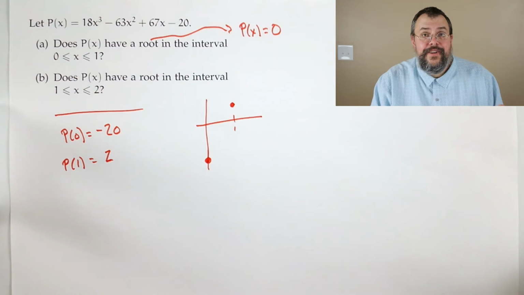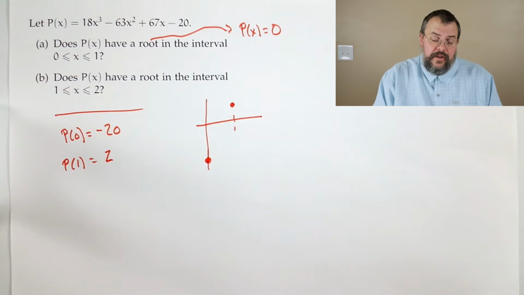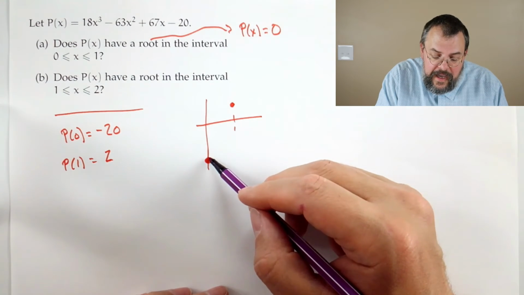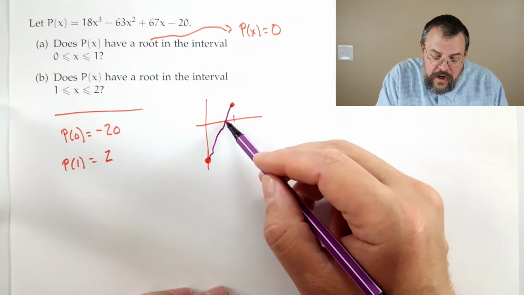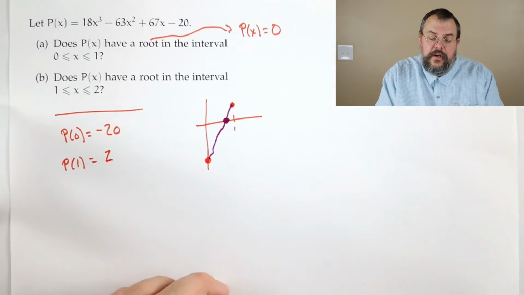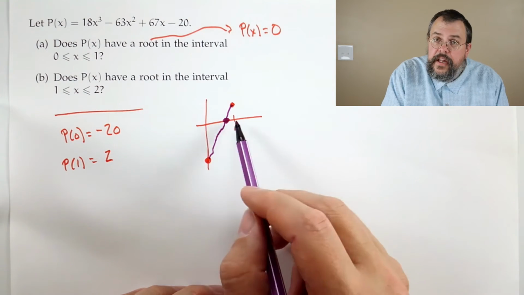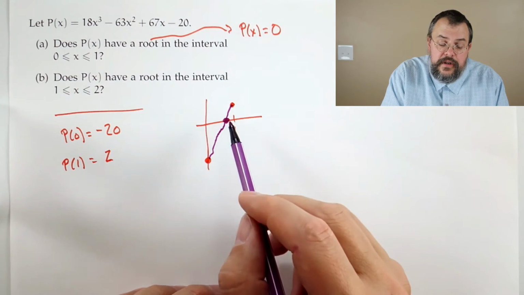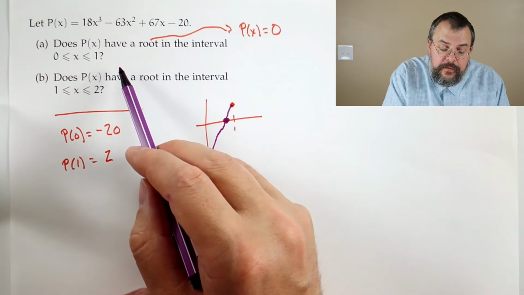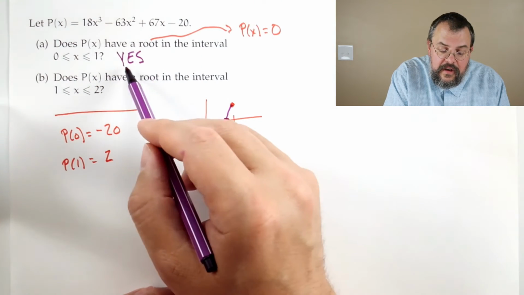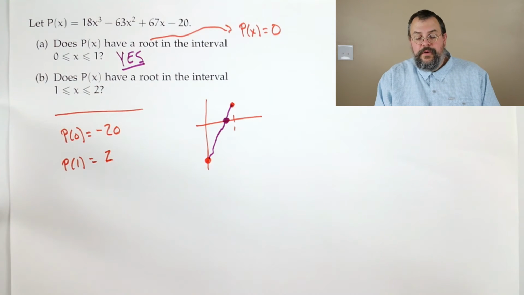Polynomials are continuous, which means that as I move from this point here to that point there, I have to cross. So that means that there's some place where I'm going to hit an output value of 0. So does this have a root in the interval from 0 to 1? And the answer is yes. It does have a root between 0 and 1.